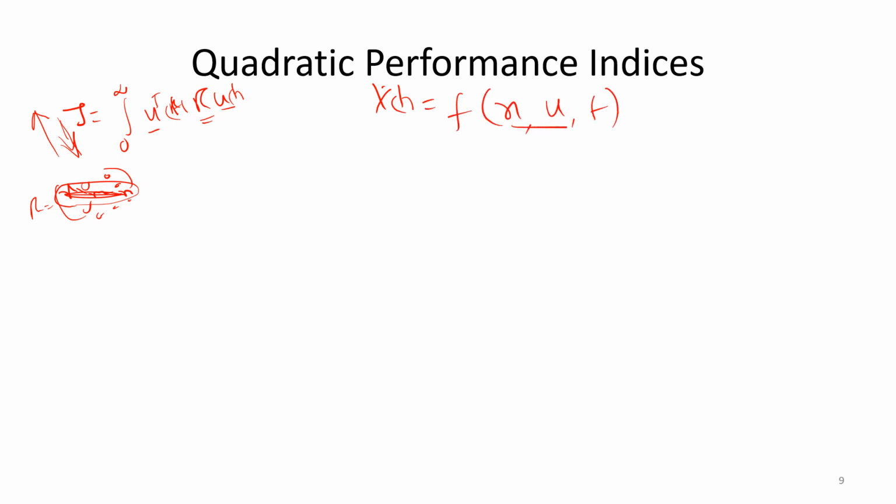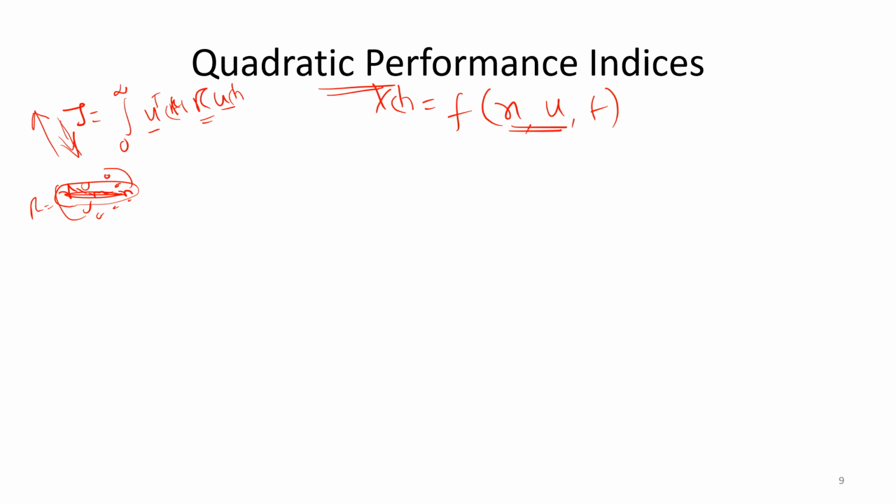If these variables are squared, then we can say it is quadratic, second order. Here x is the state variable and u the control variable.